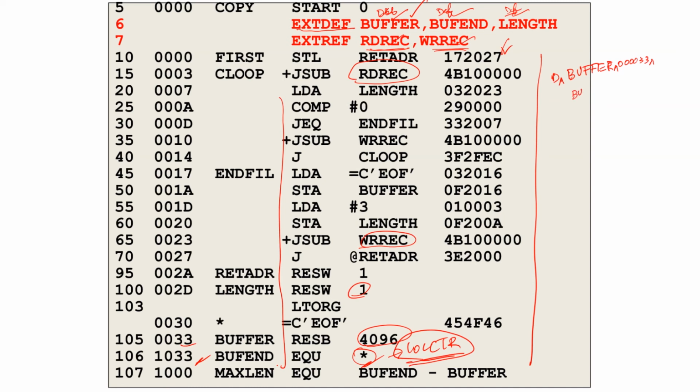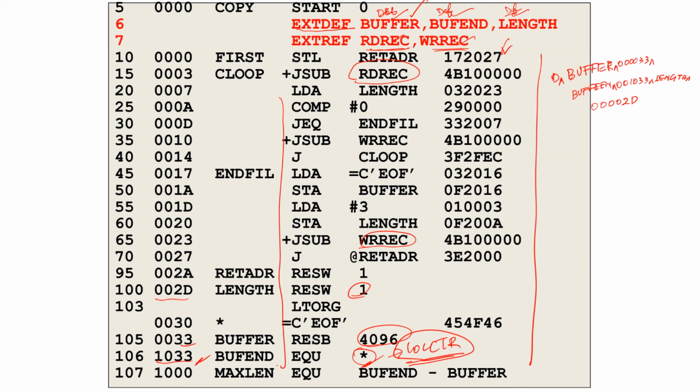Then the next one is buffer end. I'll write BUFEND. The value of BUFEND is 1033, so 001033. The next one is length. The value for length is 2D, written as 00002D. Clear?